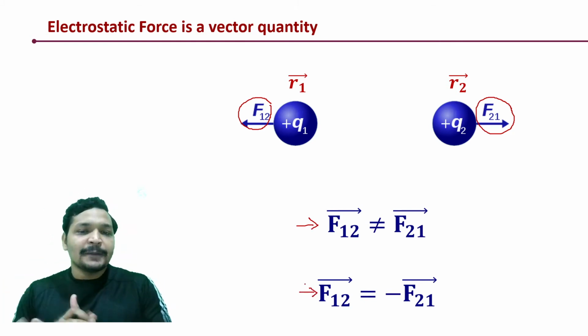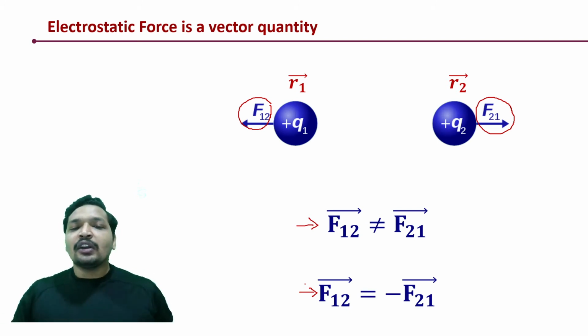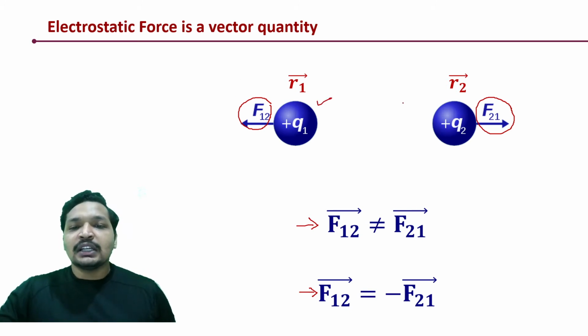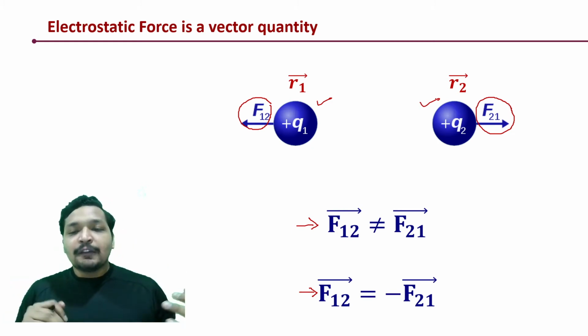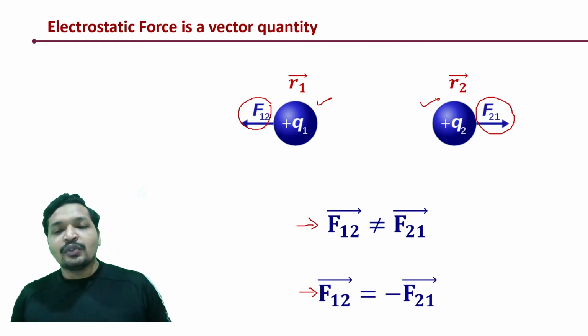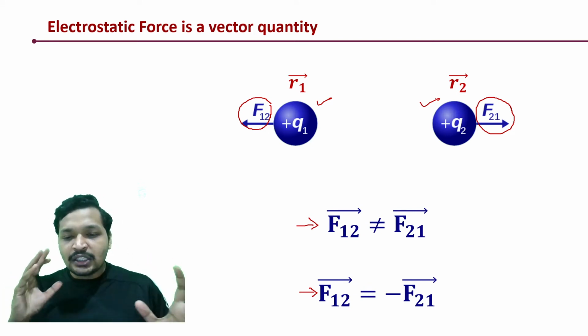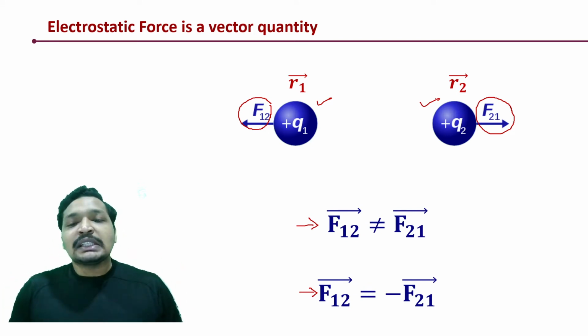Try and understand this, it is a very important thing. It does not matter what the magnitudes of this charge and this charge are. Both can have different magnitudes, but the force acting on one charge due to the other, when we are just talking about two charges, what is happening?